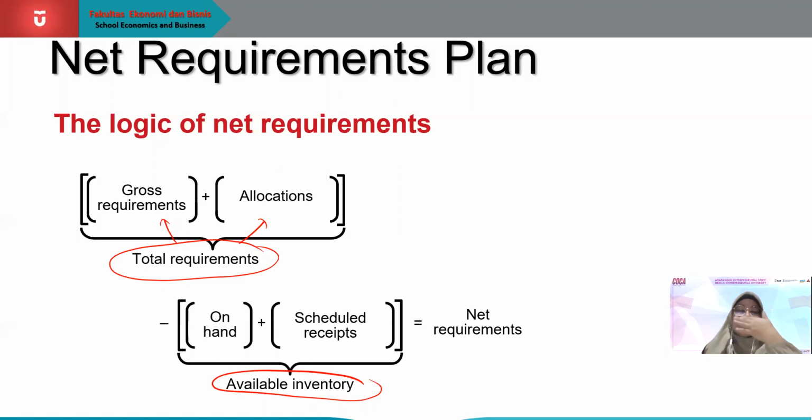The difference between on hand and scheduled receive is that on hand are finished products, meanwhile scheduled receive are products still in process, so work in process products. But this product will finish in the current period you calculate this MRP.